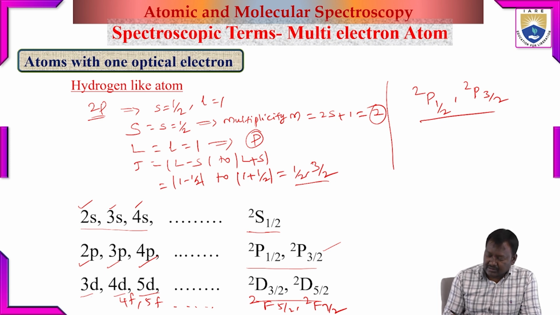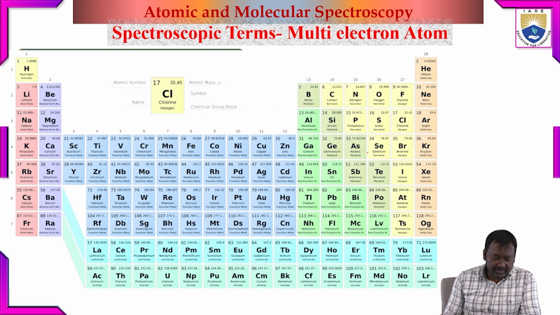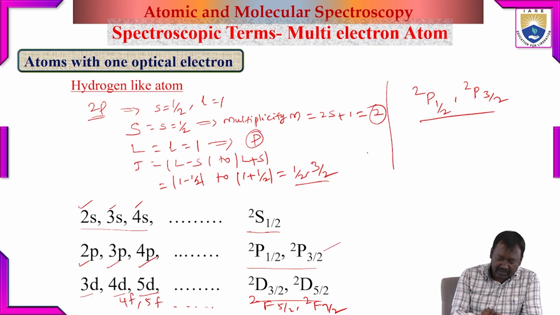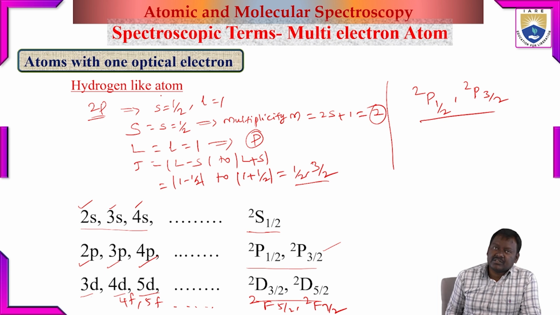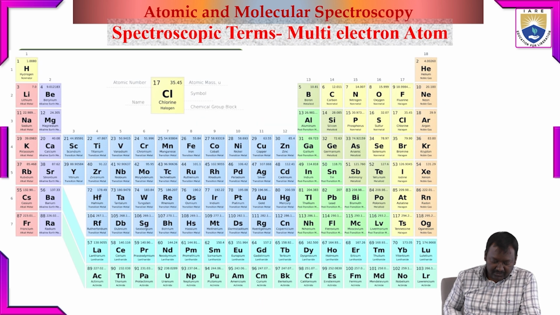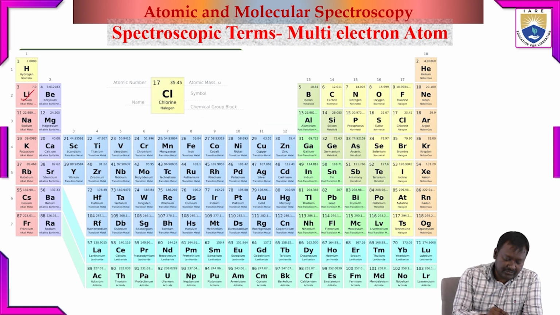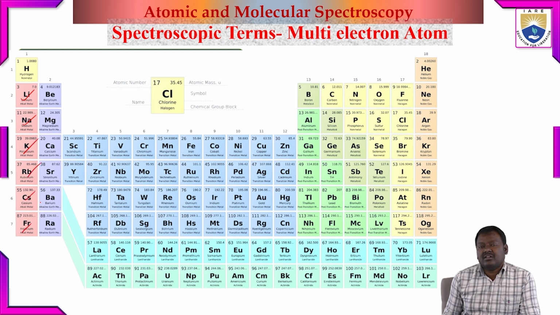Let us see the periodic table here. The 1s electron, that means here we discussed the hydrogen-like atom. Hydrogen-like atoms here: lithium, sodium, potassium, rubidium, cesium, francium, all these are hydrogen-like atoms.